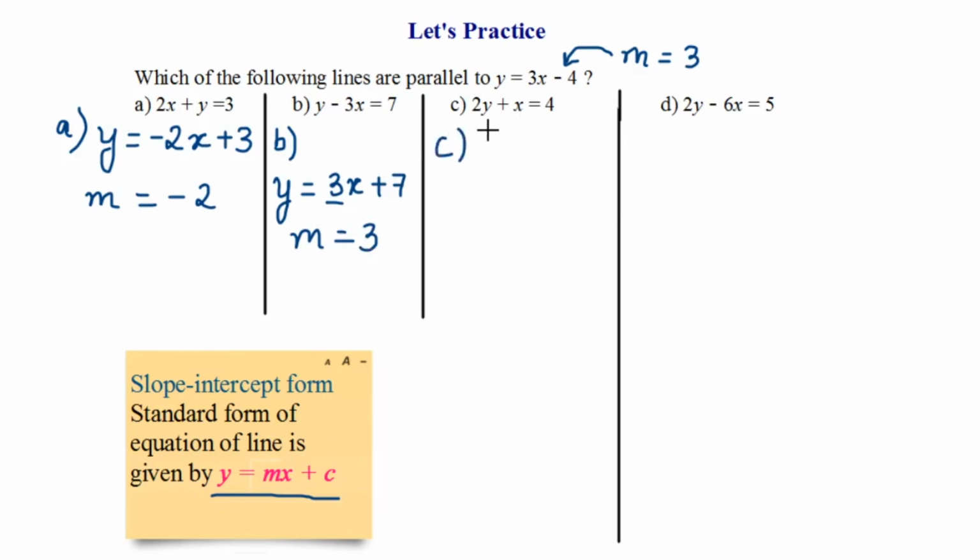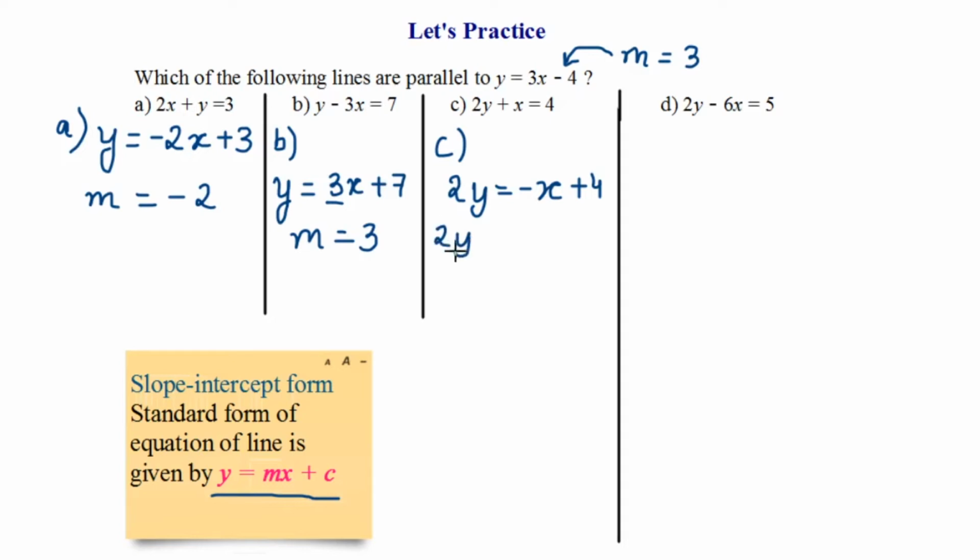Next, 2y + x = 4. Let's keep only the y term on one side and I get 2y = -x + 4. In the standard form of slope-intercept, we have the coefficient of y as 1. Hence, we need to divide this equation by 2.